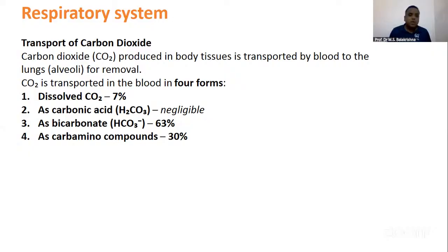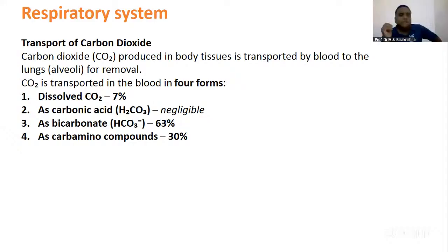One is dissolved CO2, which is only 7%. As carbonic acid, a very negligible amount is transported. As bicarbonate, this is an MCQ, HCO3 minus, 63% of the waste carbon dioxide is sent out of the body in the form of bicarbonate.